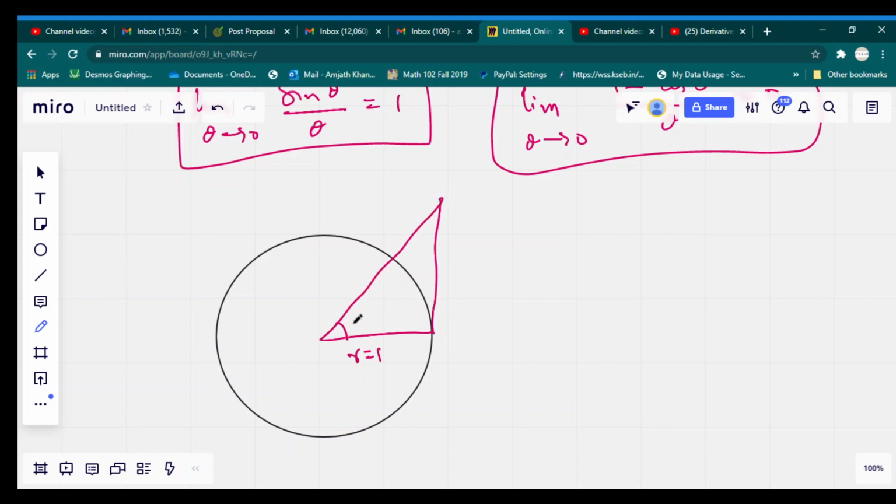Now this is our angle theta, and this is a unit circle.